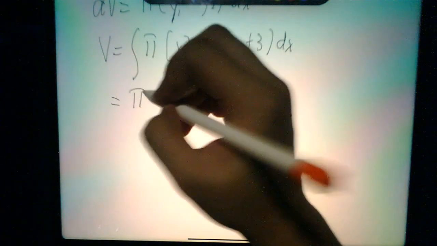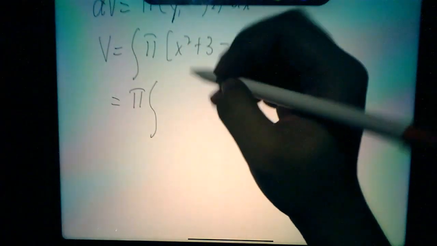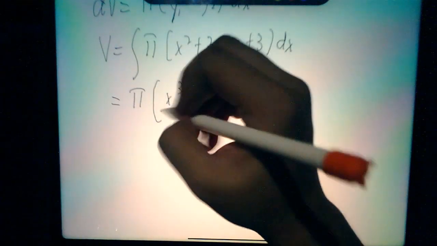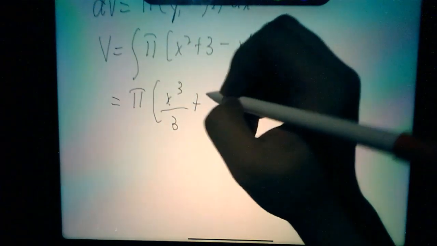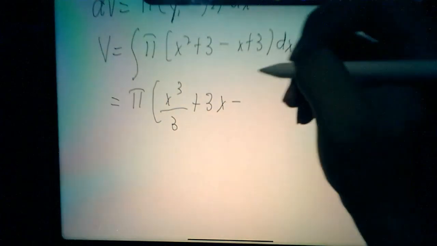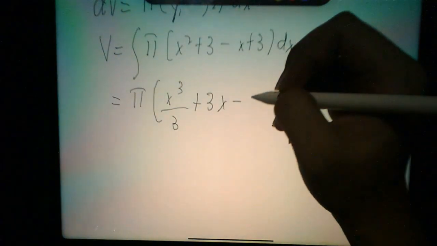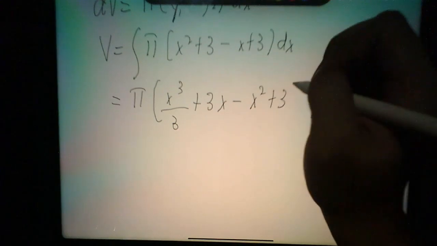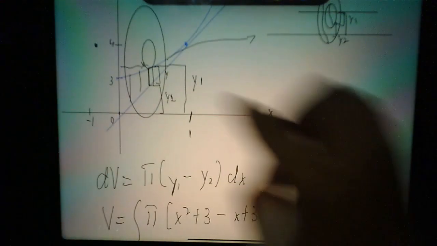So pi times the integral, let me solve it mentally. x squared will become x cubed over 3 plus 3x, minus x squared plus 3x, from limits 0 to 4.